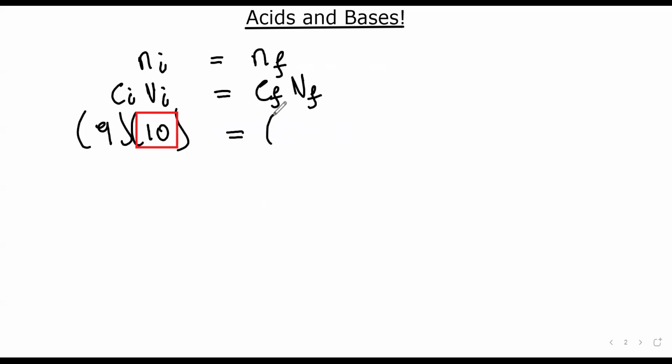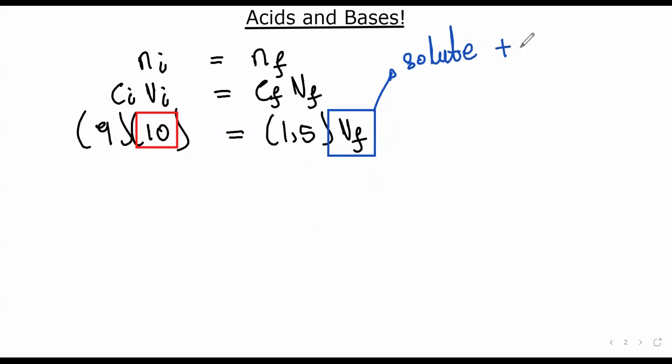Now we know that the final concentration is 1.5, and we are looking for the final volume, but it's the volume of what? Of the solution. It's not the volume of sulfuric acid, it's the volume of the solution. And I told you that a solution is a solute as well as the solvent.